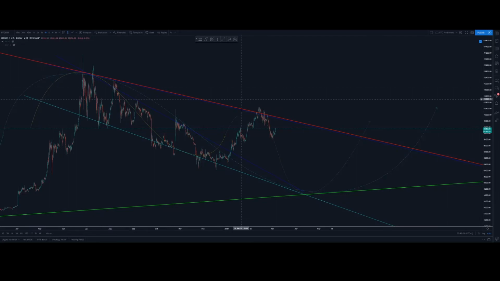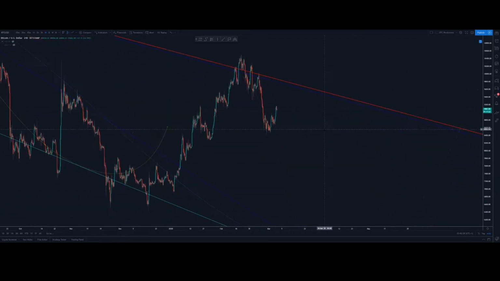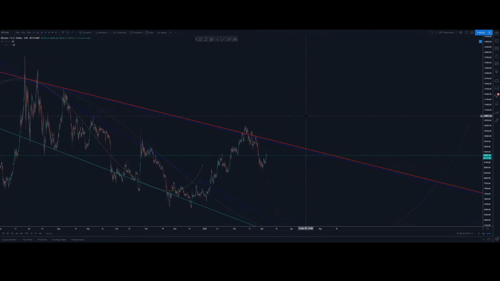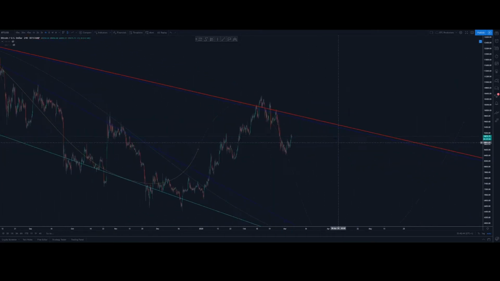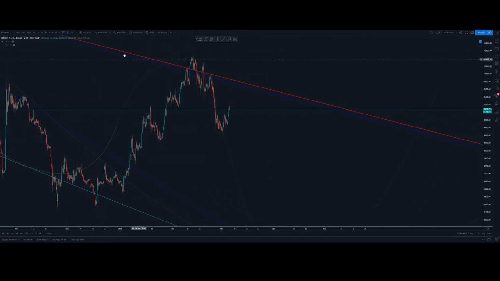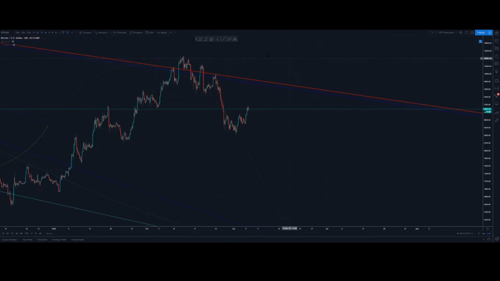So let's start by doing what we learned at the first step, but this time we're going to a lower time frame.